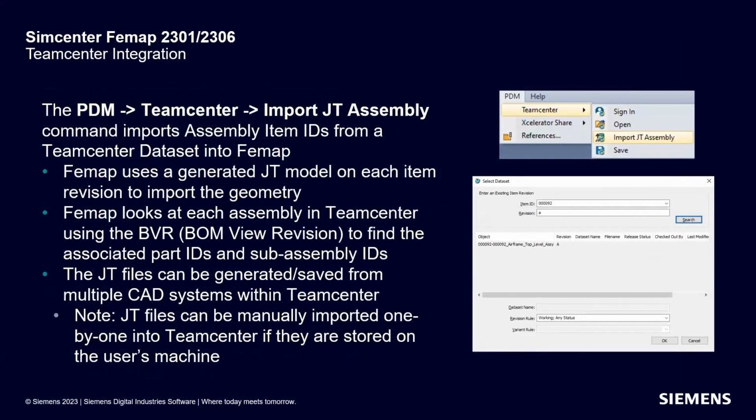Now, one of these neat things that we kind of came along for the ride was this ability to import a JT assembly. So the JT file is Siemens' proprietary file. Essentially what we can do is write things to the JT file, and then based on the BVR, the BOM view revision, we can basically just go grab the latest version of these files that we have stored in Teamcenter and then read them into Femap.